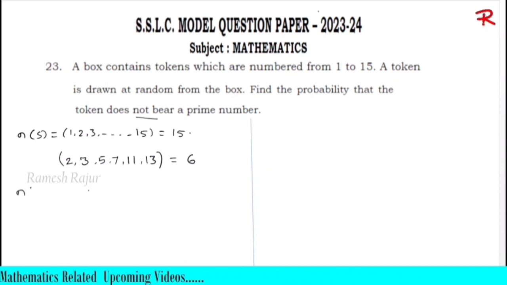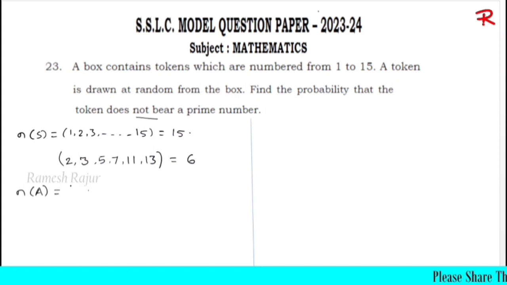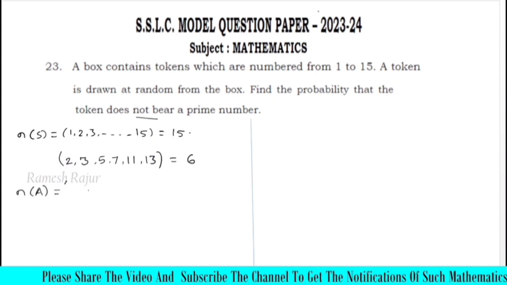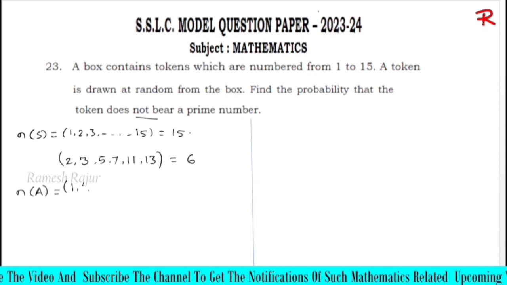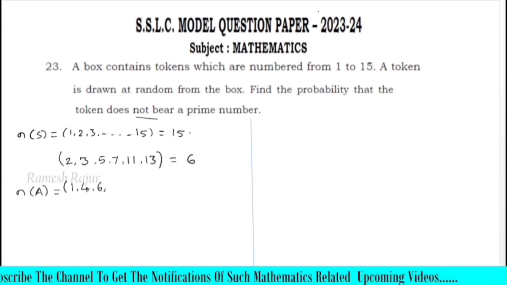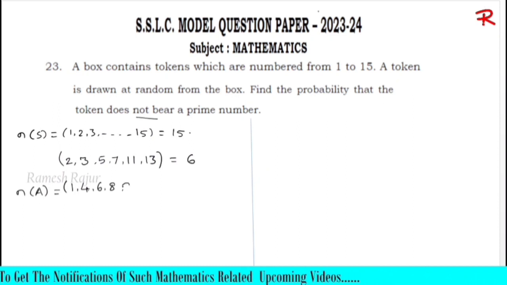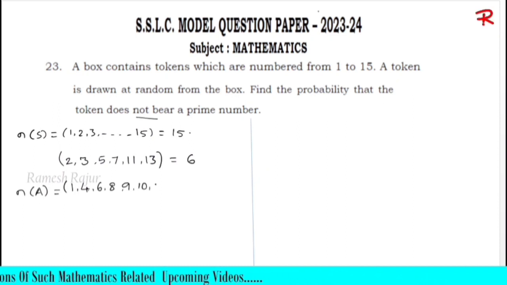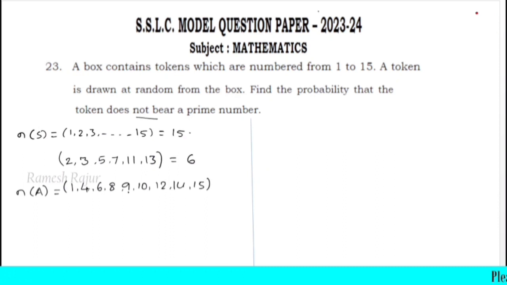Let us consider them by the letter A. The numbers which are not primes are 1, 4, 6, 8, 9, 10, 12, 14 and 15. In total, they are 1, 2, 3, 4, 5, 6, 7, 8, 9. They are 9 in number.